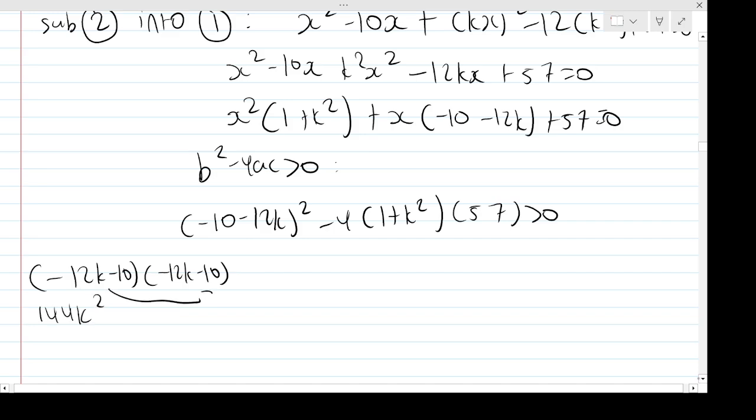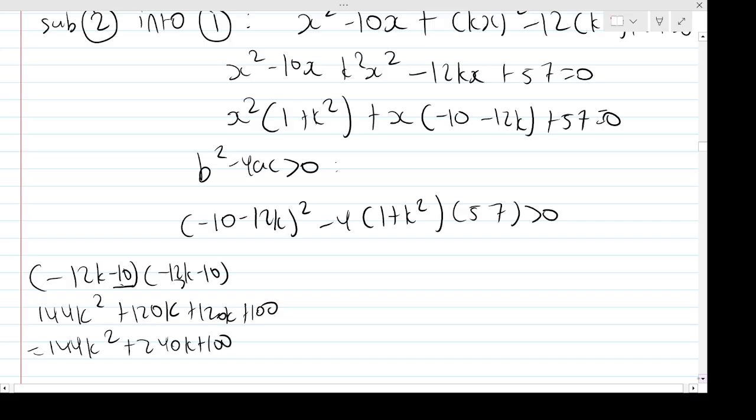Then minus 12k times minus 10 would be plus 120k. Then we do the same for minus 10 here. Minus 10 times minus 12k would be another 120k. Then minus 10 times minus 10 would be plus 100. Okay, and we can simplify that to 144k squared plus 240k plus 100. So I can substitute that in to get 144k squared plus 240k plus 100. Then I need to expand this.